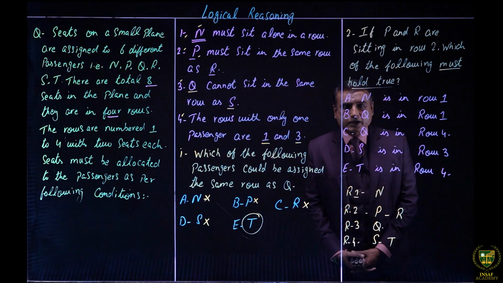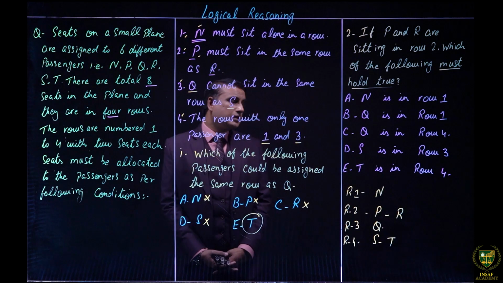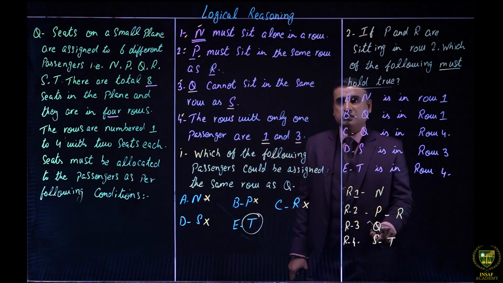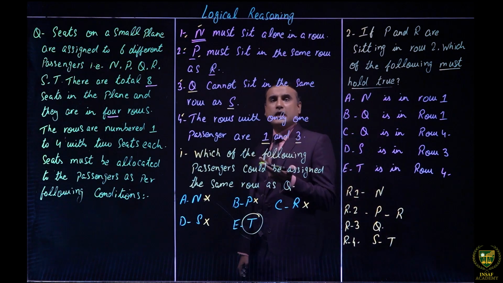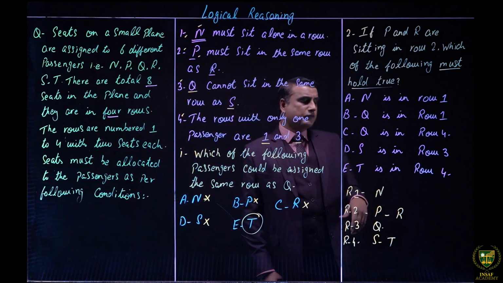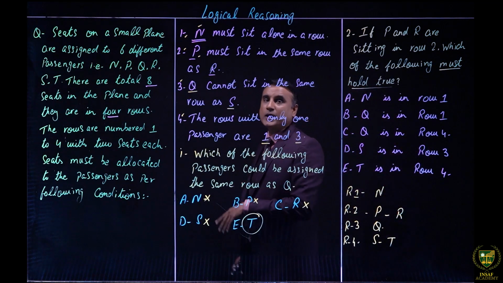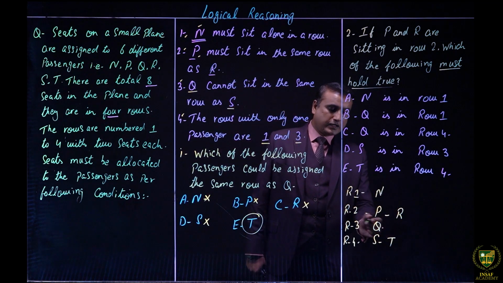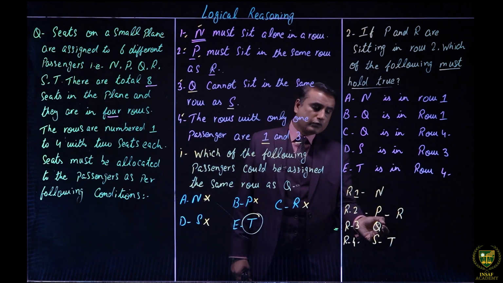It is fulfilling all the conditions. S is in row 3. Okay, S is in row 3. Now if we place S here, again it is just an option, not a compulsion. Even with S here, all our requirements are fulfilled. And then finally, T is in row 4. That is a compulsion. Why? Because if we shift T here, we know that in row 3 we can only have one passenger, so we'll have to move Q from here.